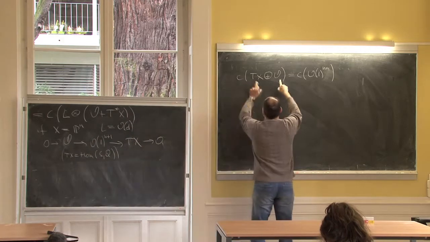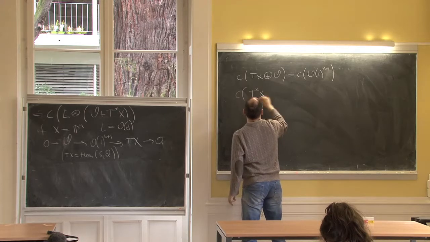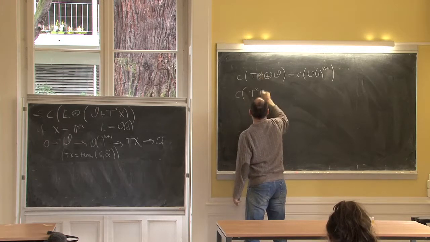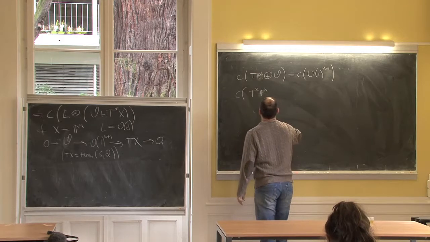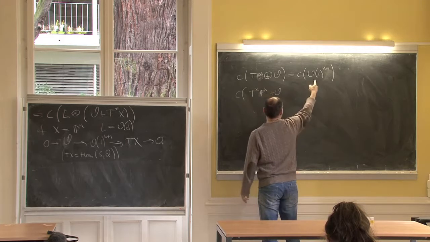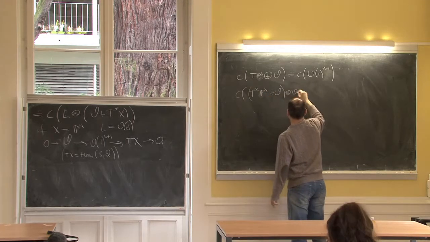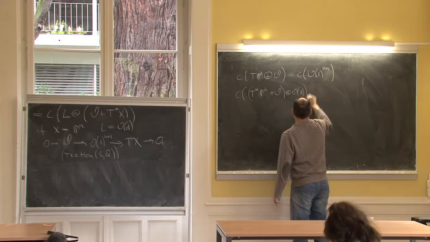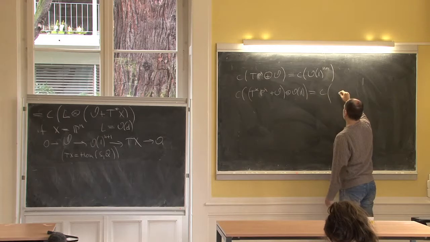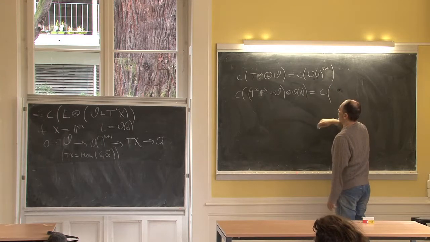I just dualize this, so then C of T star, sorry, it's not X now, it's Pn, plus O. It's just the dual of this, so it's just going to be minus 1 there, but I still need to tensor this with O of D. So this will be C of, and now I look at this thing, O of 1.